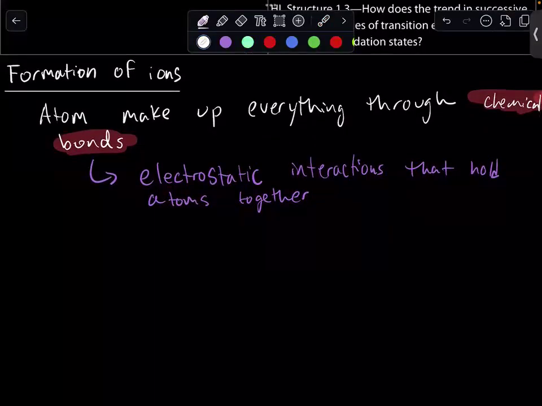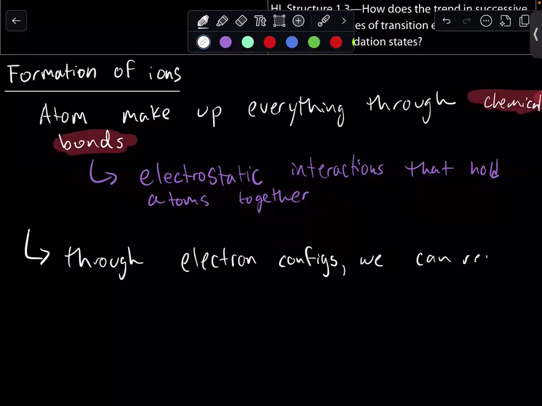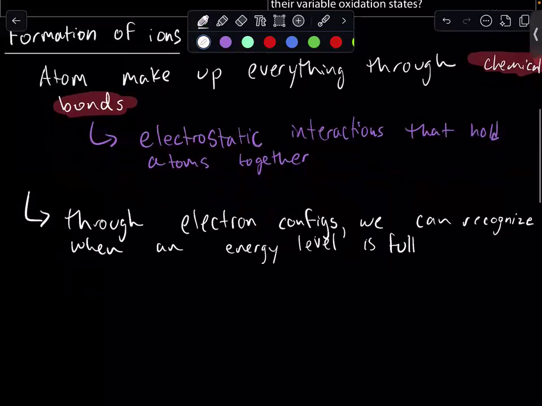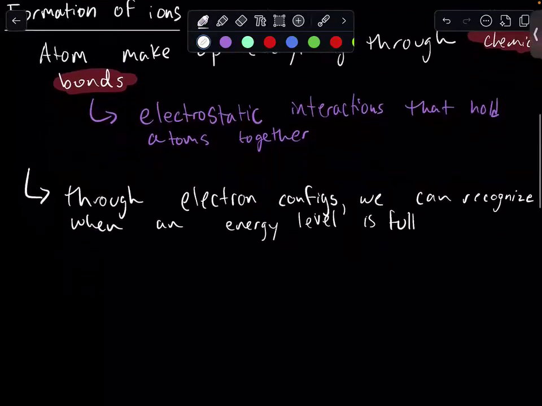So as we go through this, what we need to be able to do is, through electron configs, so we need to be able to do our electron configurations, but through these, we can recognize when an energy level is full. Now that doesn't seem super important. We remember energy levels as that period on the periodic table, or it's where certain sublevels like S, P, D, and F all reside.